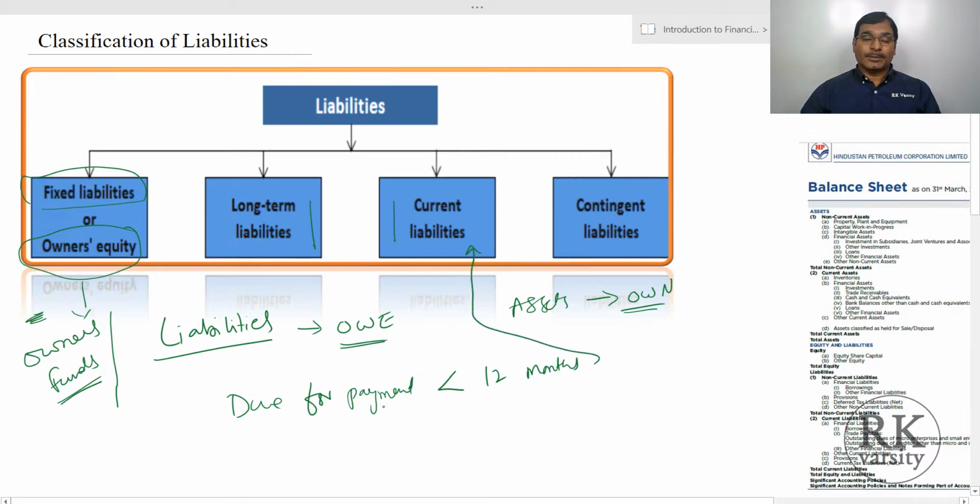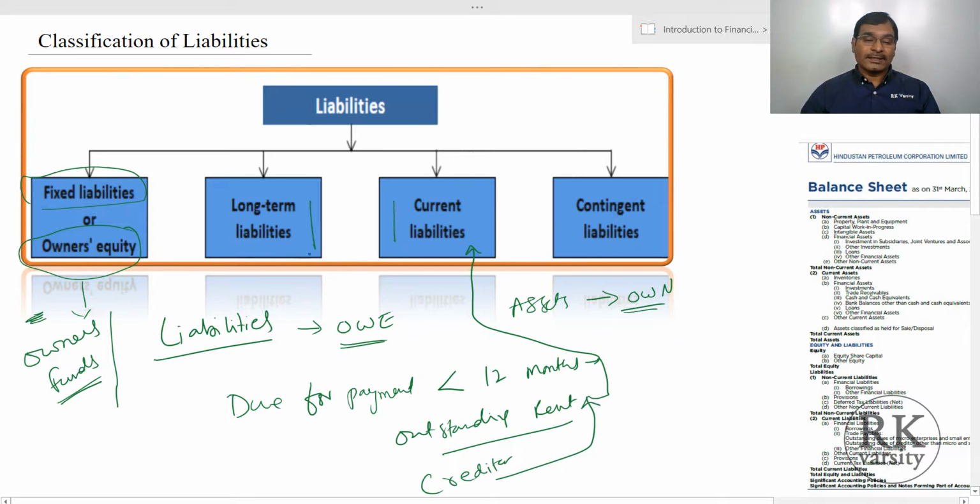Suppose you have to pay outstanding rent for the financial year, one month or two months you have not paid, so this has to be paid immediately in the following month. This is your current liability. Or you purchased goods on credit and you have to pay your creditors. This is again an example of a current liability.